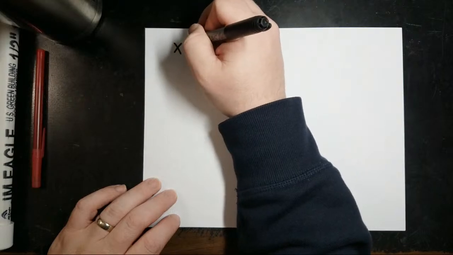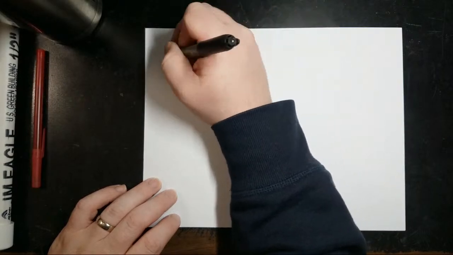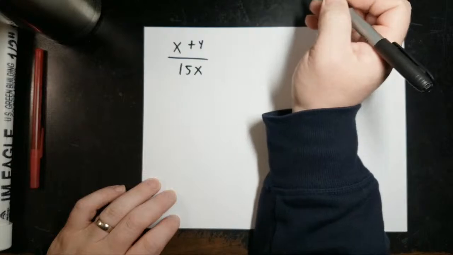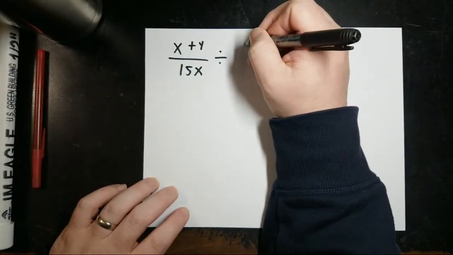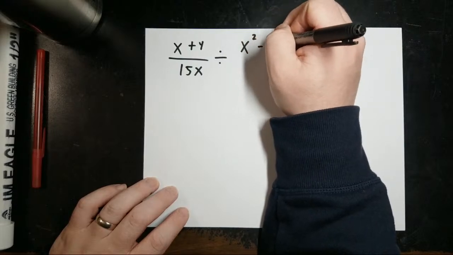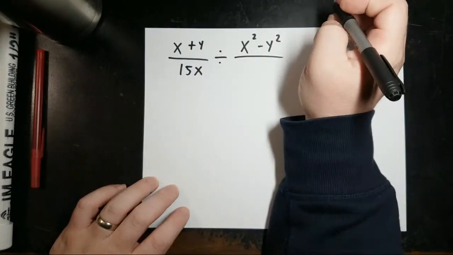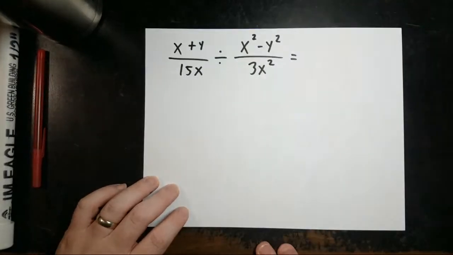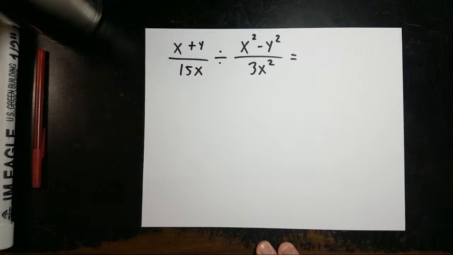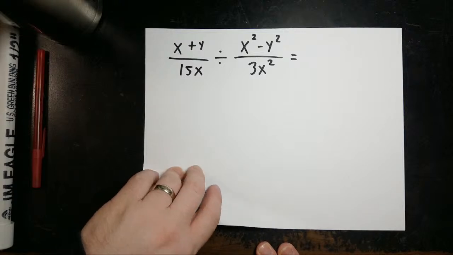Let's look at something like x plus y over 15x divided by x squared minus y squared over 3x squared. Now this one is a little bit more extreme.